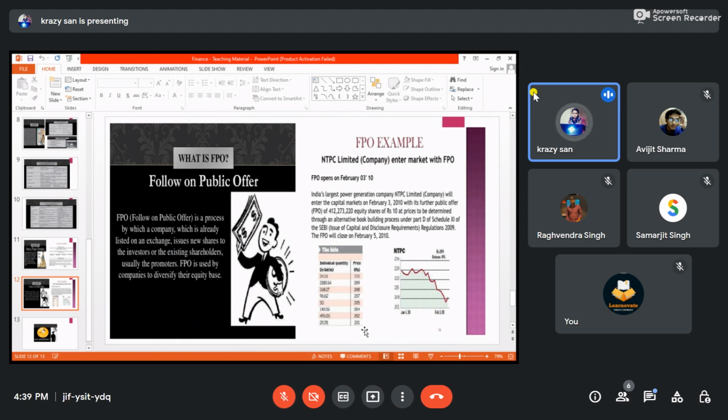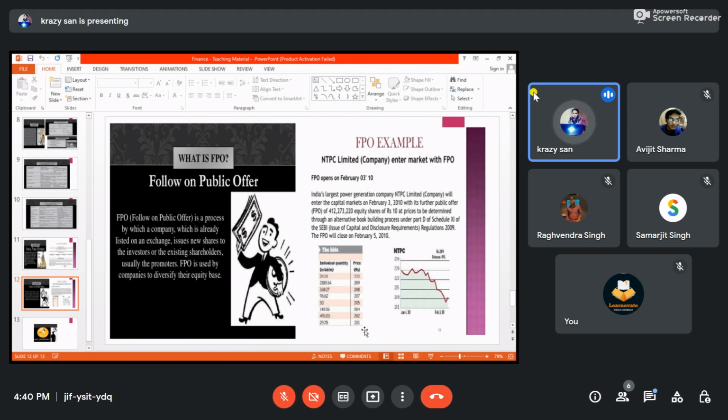An FPO is used by companies to diversify their equity base. Suppose a new company has issued once, and after 6 months they issue shares again, that is an FPO, in order to collect certain funds and diversify the risk also.